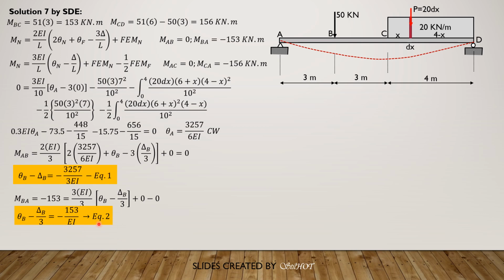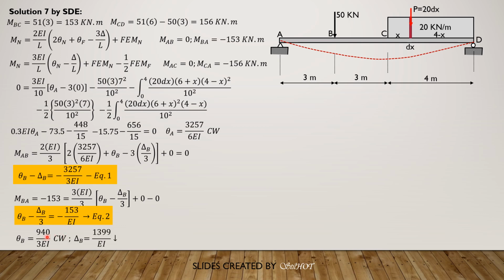Then solving these two equations simultaneously, or subtract equation 1 from equation 2, or equation 2 from equation 1, we can solve delta B, and after that substitute in equation 1, we can solve for theta B. So I will not go into details with that because that's only algebra. So theta B is equal to 940 over 3EI.